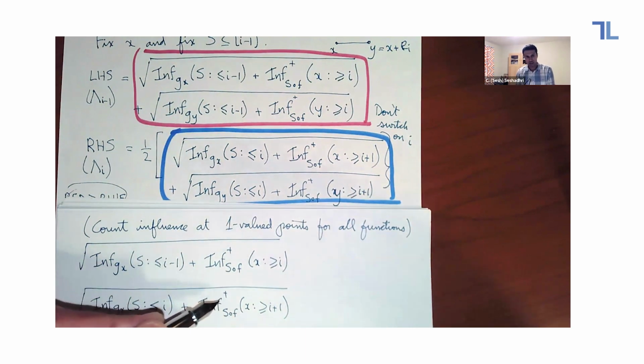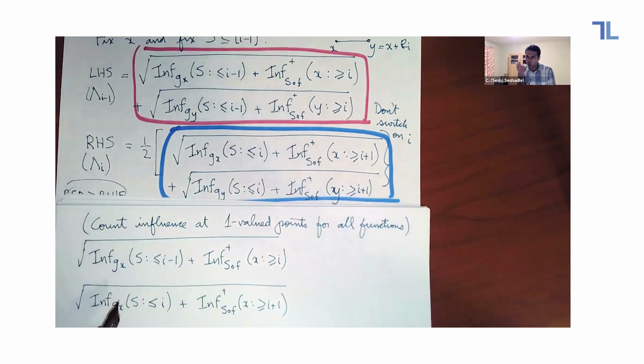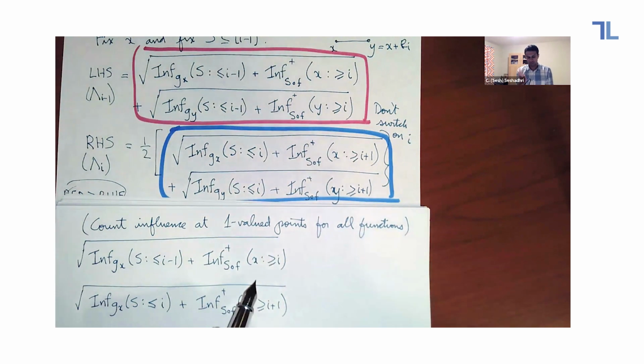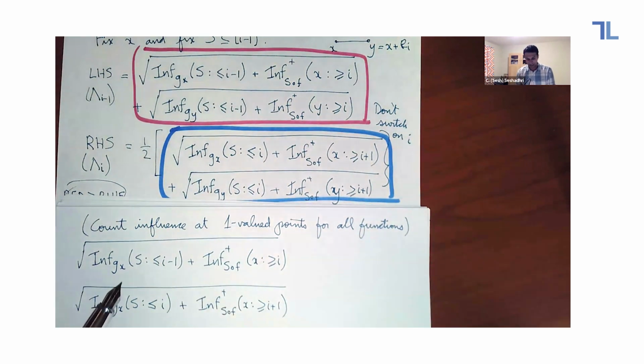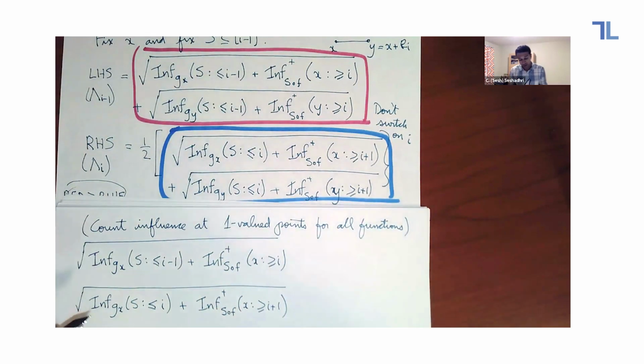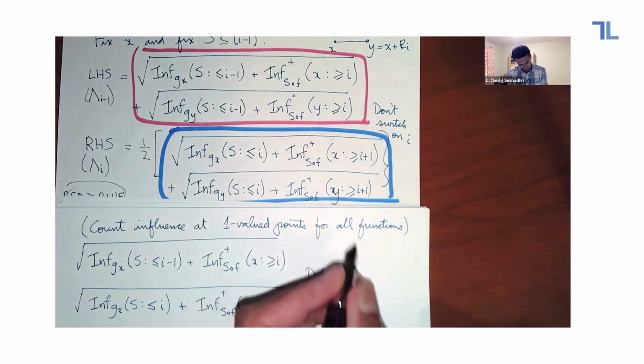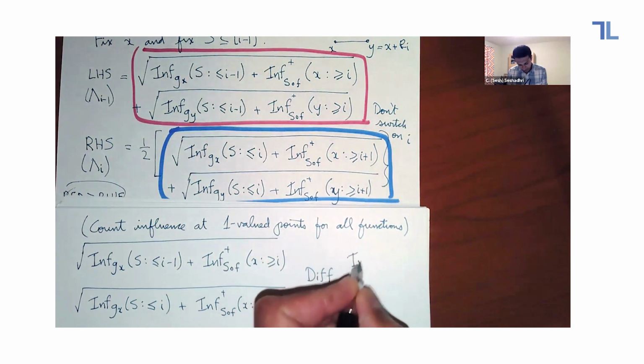So if you look at this sum and this sum, I claim that there is only one coordinate that is playing a different role, and that coordinate is I. For all coordinates other than I, they're either counted here or here exactly in the same way. The only difference, so I'm going to put the difference over here, is in the first one, if you look at the coordinate I, I'm counting that in s circ f at x.